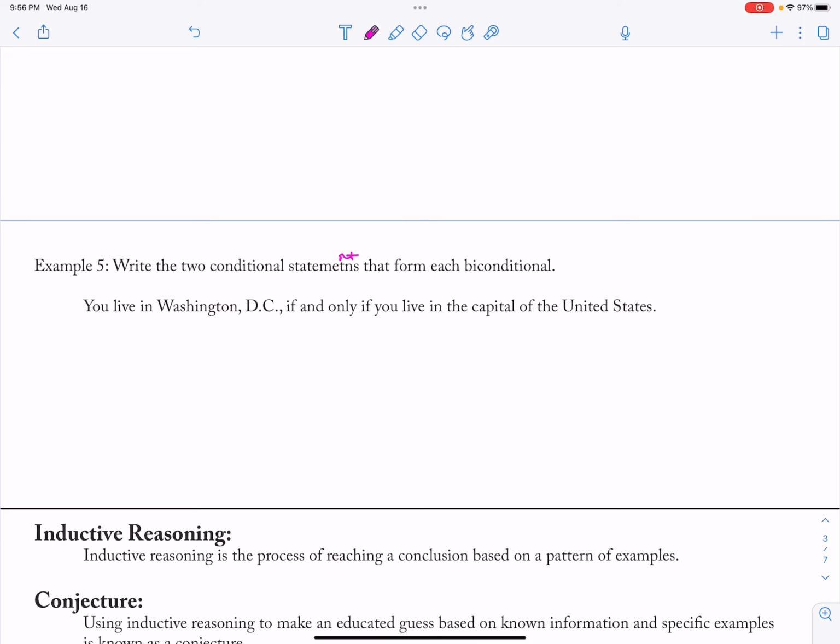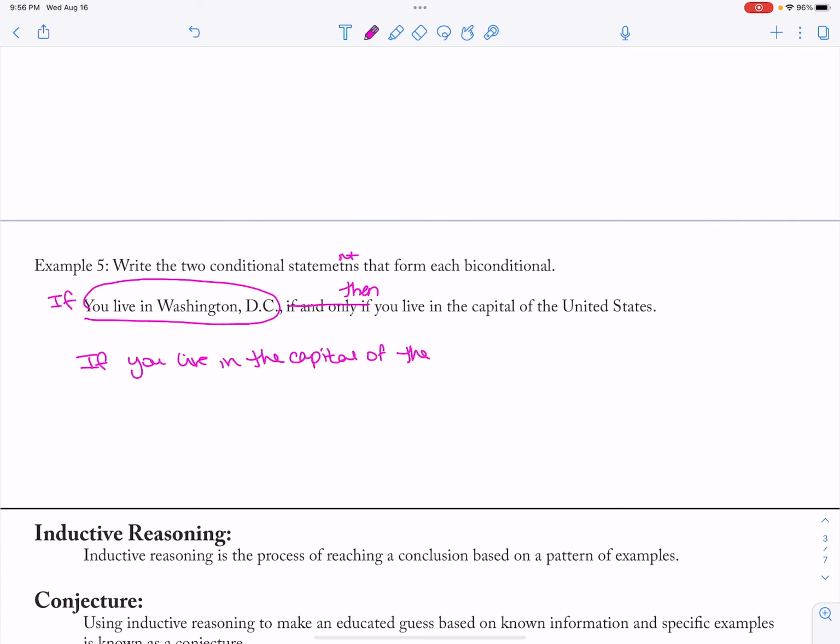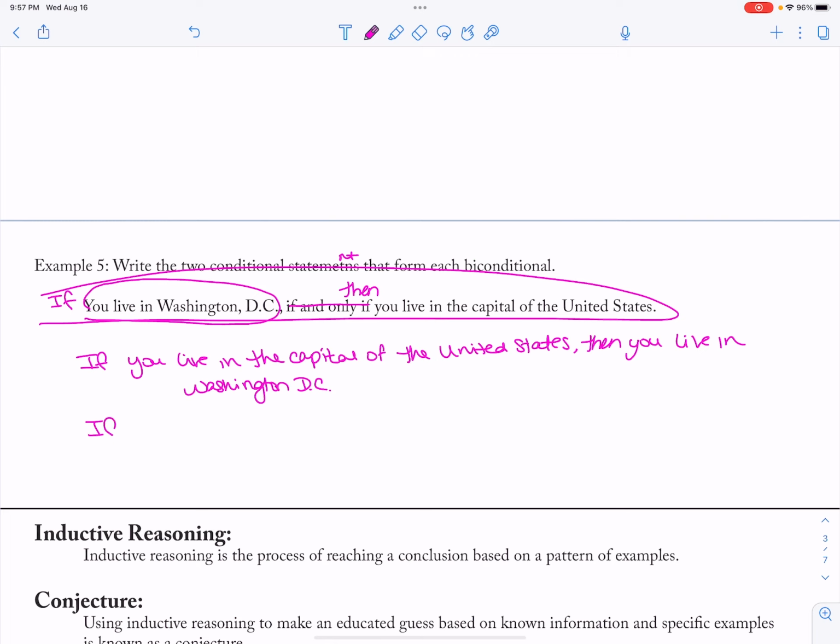So it is if this, then that. Okay. And then it is if you live in the capital of the United States, then you live in Washington, D.C. I do not want you guys to do it like this, so I would want you guys to write this out.